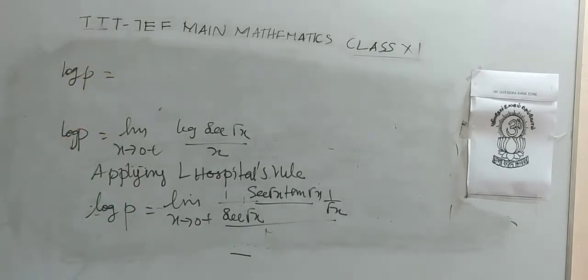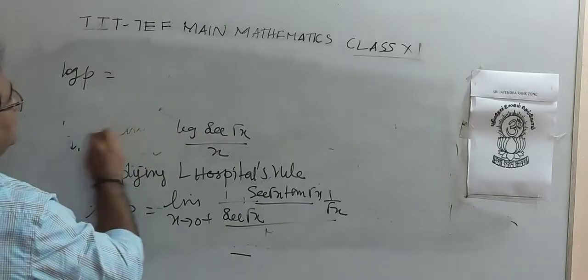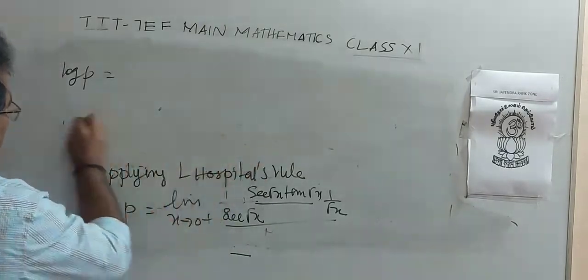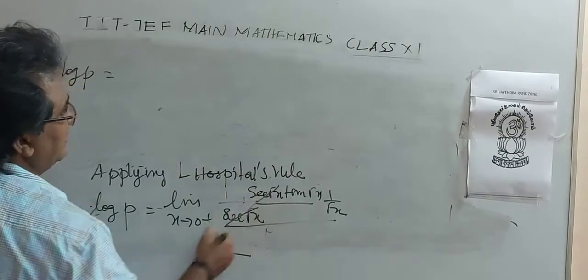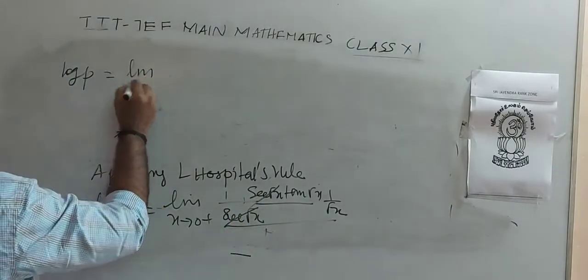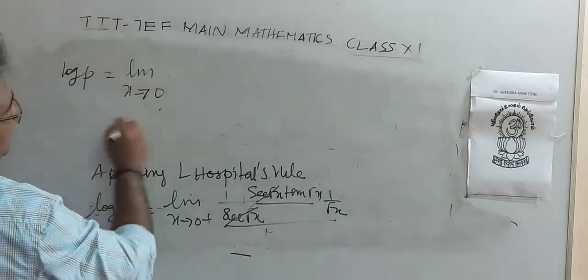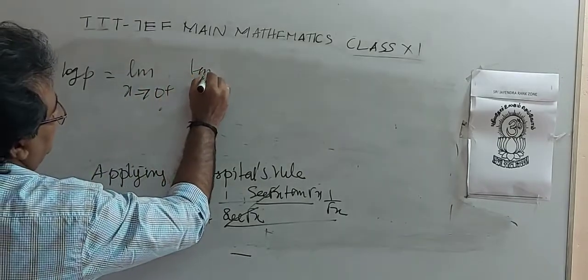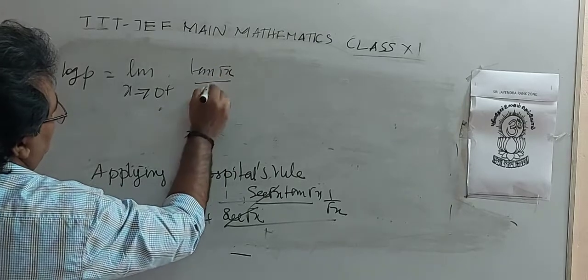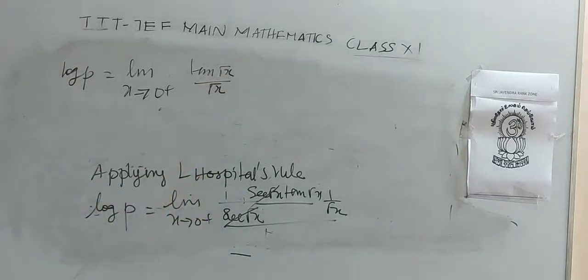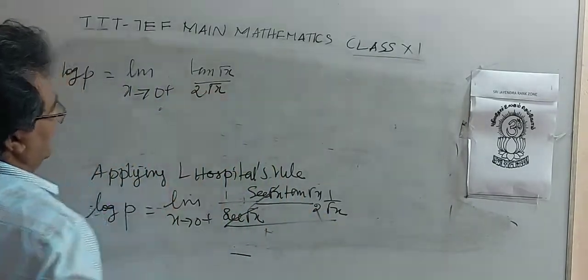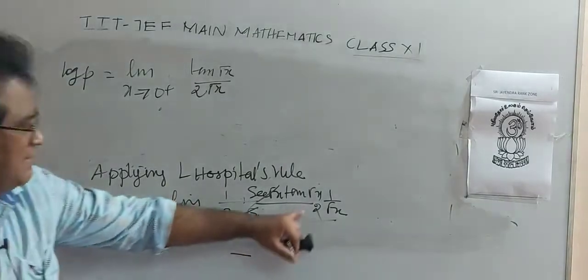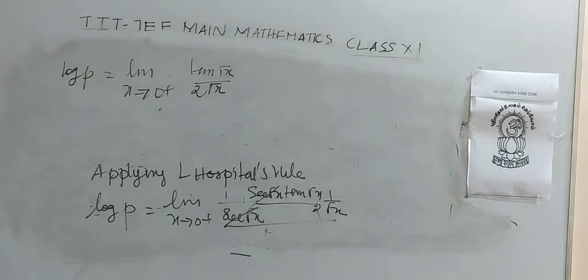Log p equal to, so this will be cancelled, limit x tends to 0 plus tan root x by 2 root x. Differentiation of root x equals 1 by 2 root x.